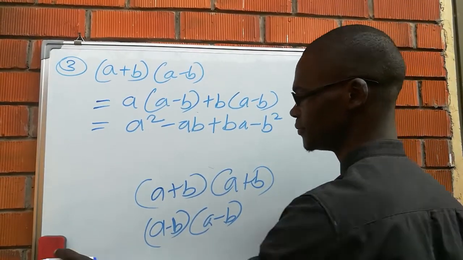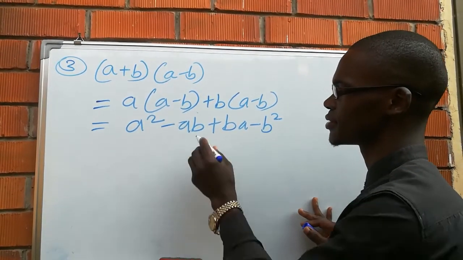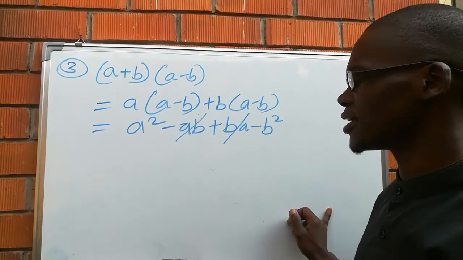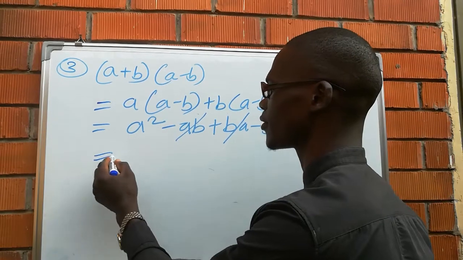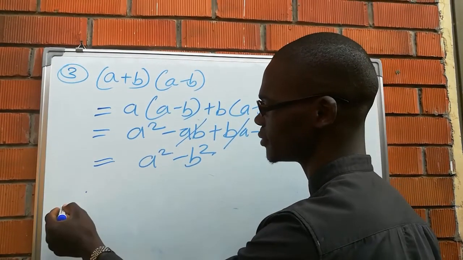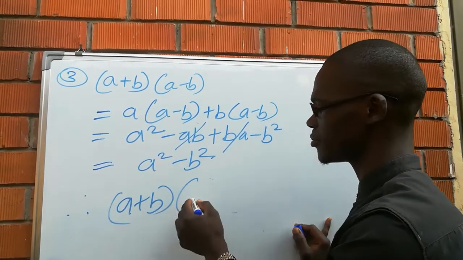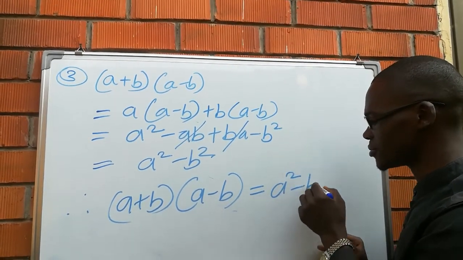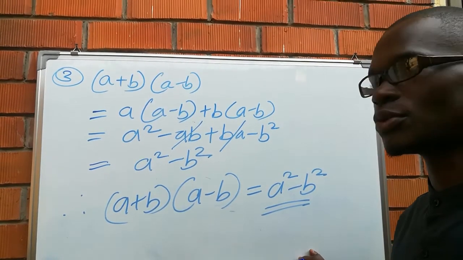And therefore, when we simplify this, these ones will cancel out because they are the same but with different signs. We remain with a squared minus b squared, and therefore we shall say that a plus b times a minus b is the same as a squared minus b squared, and this is the difference of two squares.